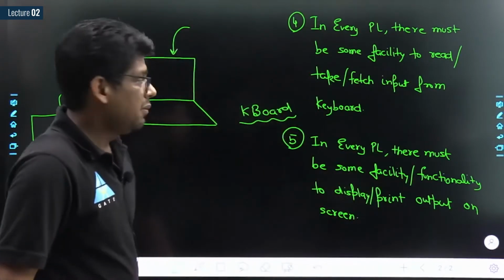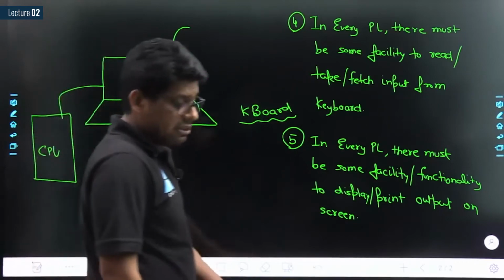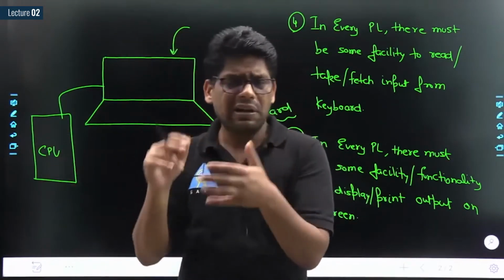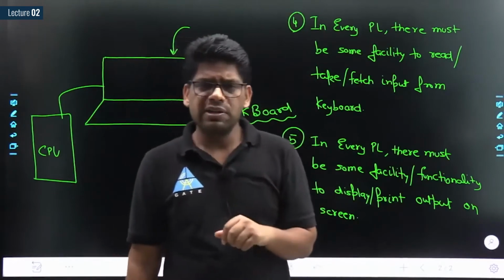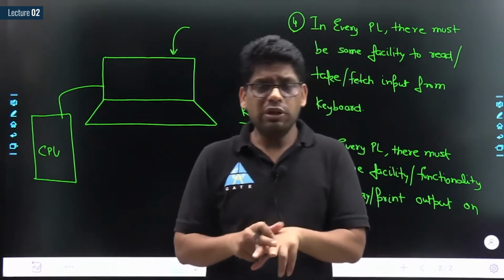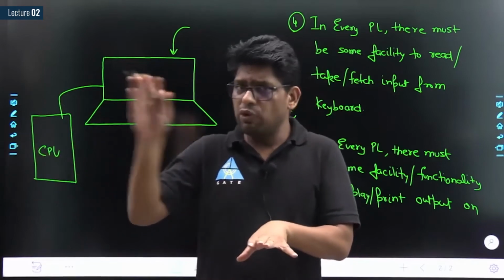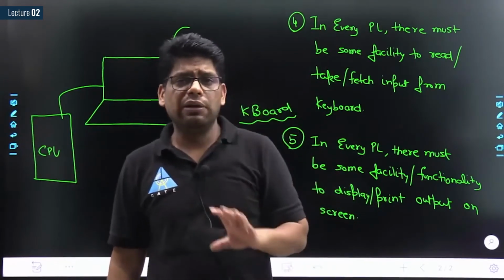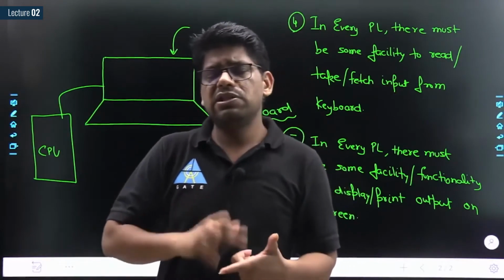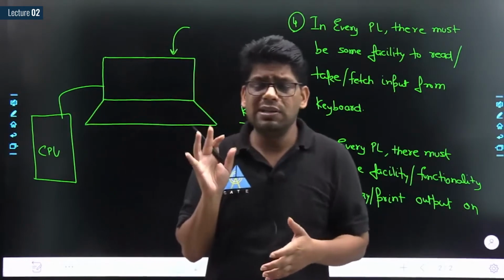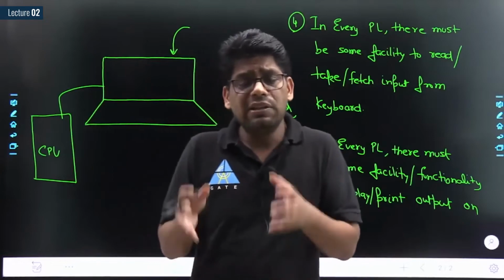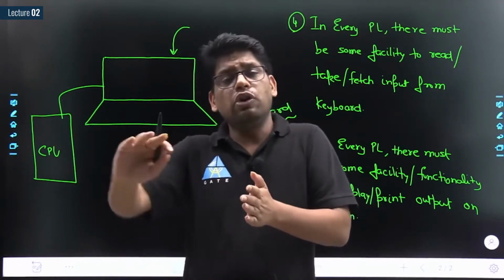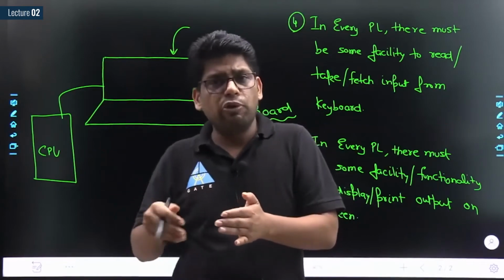Please try to understand the 5 points we have discussed. Every C program has a particular structure, void main, curly braces, some minimum requirement. There is something called input and something called output. The user provides the input, the program provides the output. In every programming language, whether it is C, C++, Python, Java, or any other, there must be some functionality to take the input, to read the input, to fetch the input coming from the keyboard.